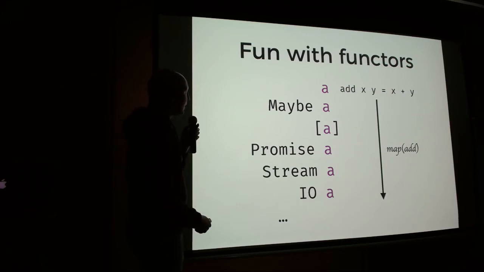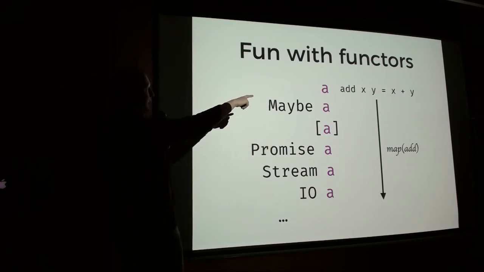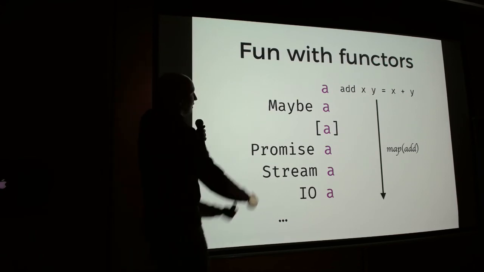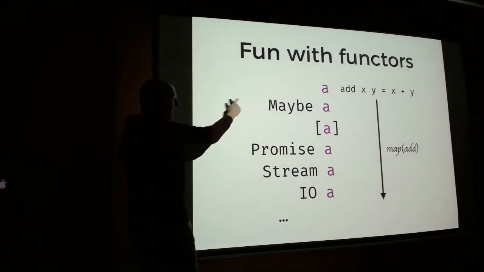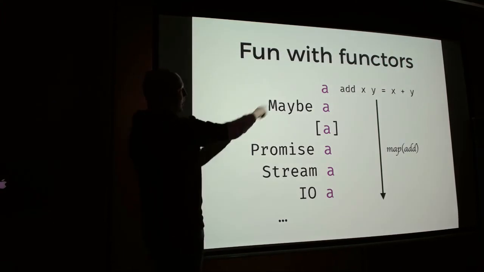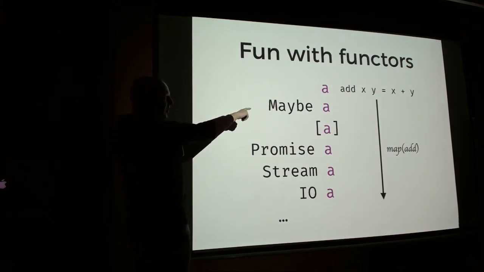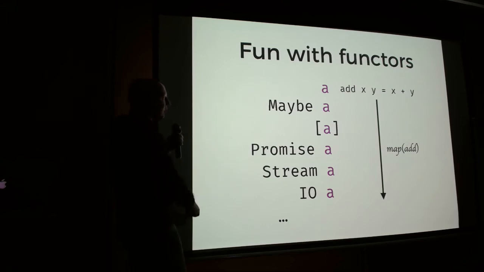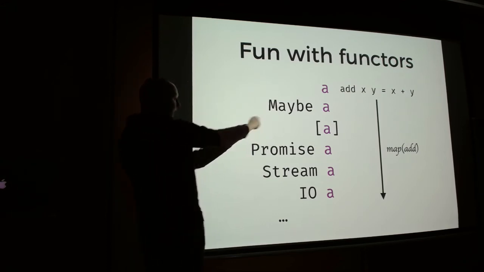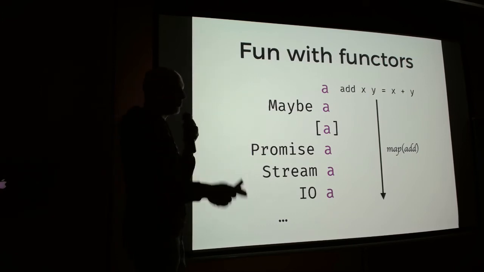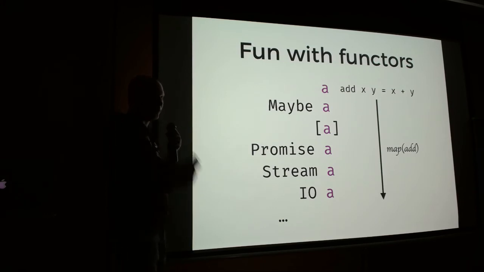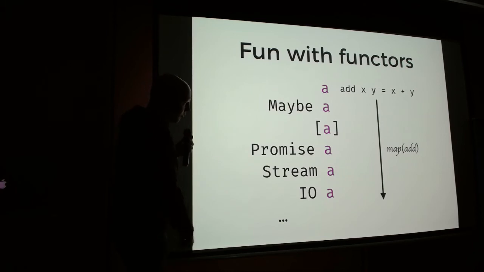And the result would be that you would be able, for instance, to have this add function over there that just adds two numbers. But then this add can be reused in the context of all those functors, so you'll be able to add maybes together, like optional values, and get an optional value as a result. You would be able to add arrays together and get an array of sums, and then you would be able to add values that are not even here, and you would get a promise of a sum as a result, and so on and so forth.